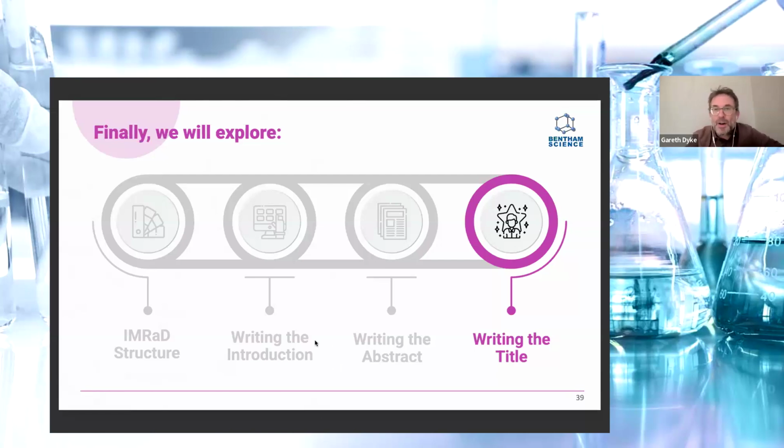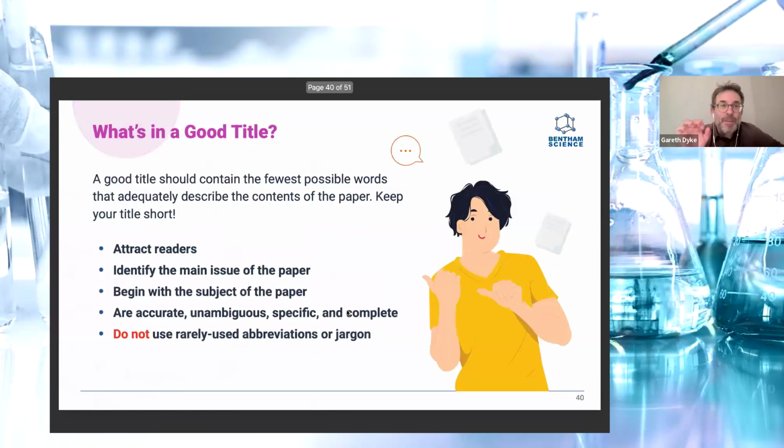Let's have a quick look now at title writing for our next academic article. What is a good title? Well, a good title should contain the fewest possible words to adequately describe the contents of the study. Keep it short. Research has shown that article titles less than 7 words in length actually generate more citations.